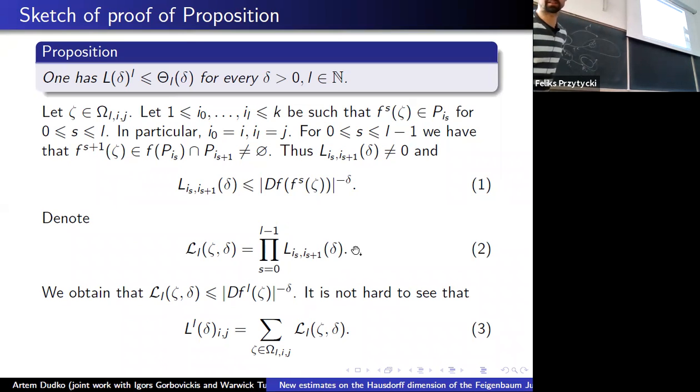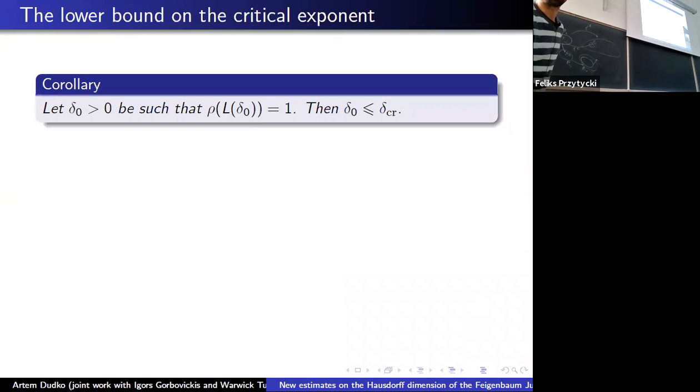And since it's taken with maximum possible values of the derivative, when we take the minus delta power, we obtain less or equal than the derivative of the actual orbit. Now, as a corollary of the inequality between matrices, we obtain that if we have delta naught for which the spectral radius of Macmillan's matrix is equal to 1, then we have delta naught less or equal than the critical exponent.